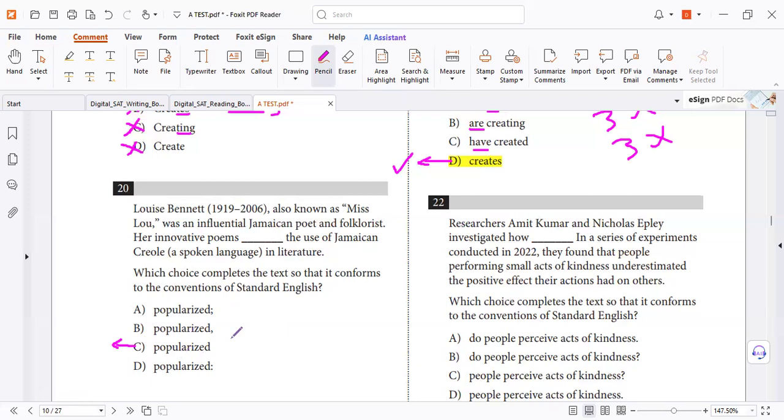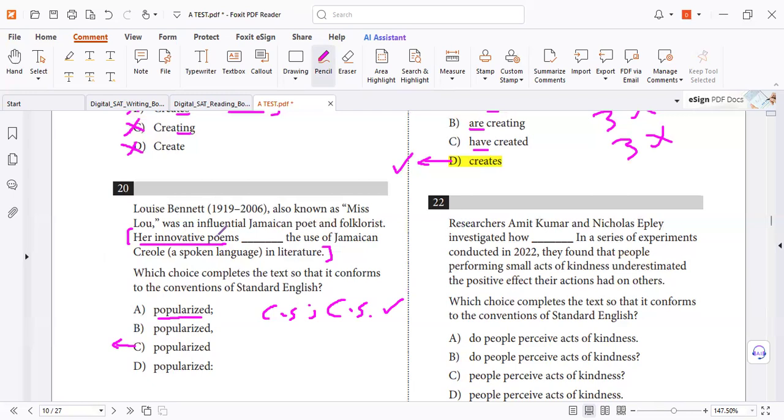When you read a question of punctuation, focus on the sentence only, from full stop to full stop. Follow the rules. Before a semicolon, it must be a complete sentence, whatever it is, simple or not. And after, it must be a complete sentence. So we check from here to the punctuation. Is that a complete sentence? Her innovative poems popularized.